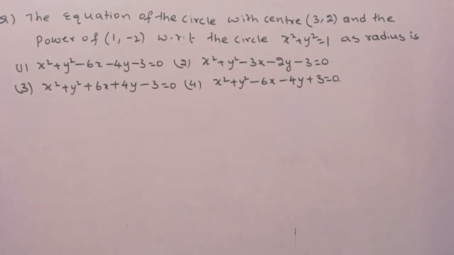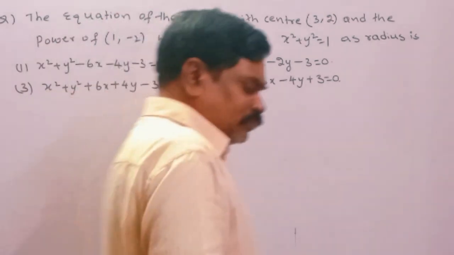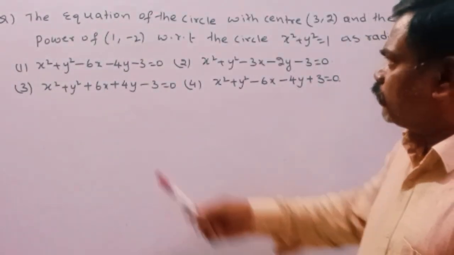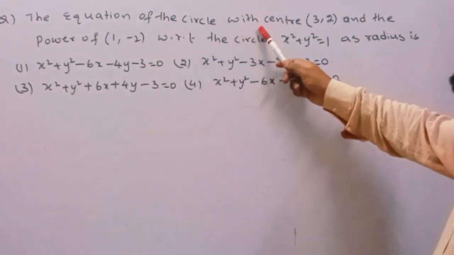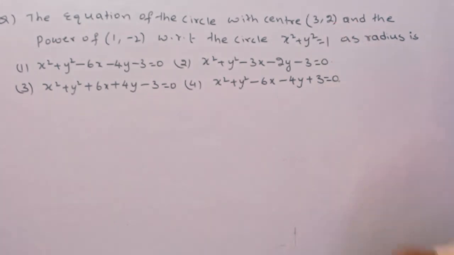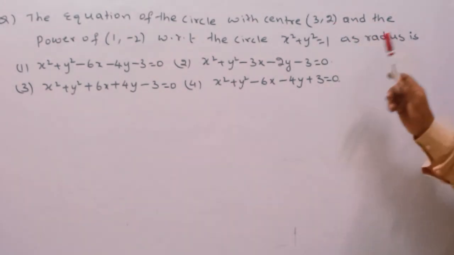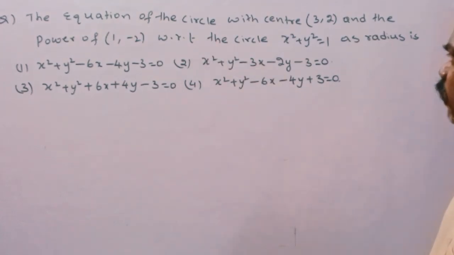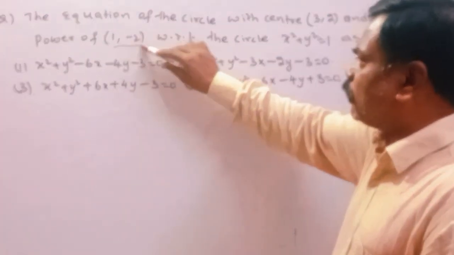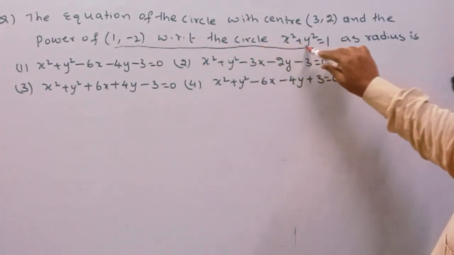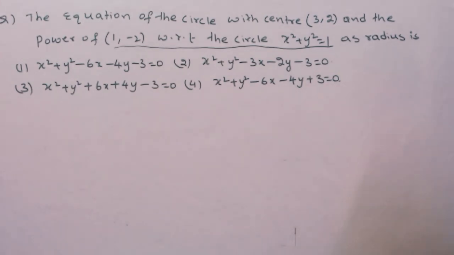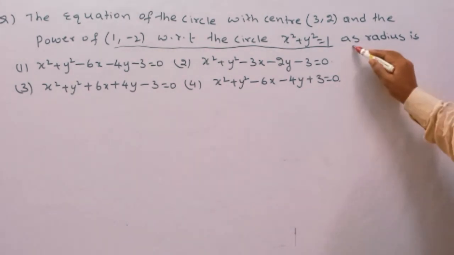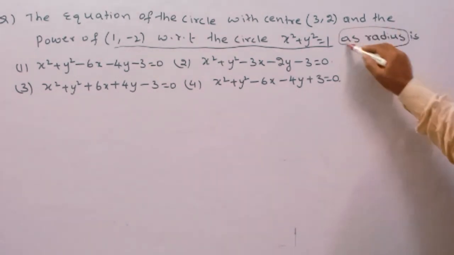Here we have one more problem on circles. You see, all of you, we have to find the equation of the circle with center (3, 2) and the power of (1, -2) with respect to the circle x square plus y square is equal to 1 as radius.